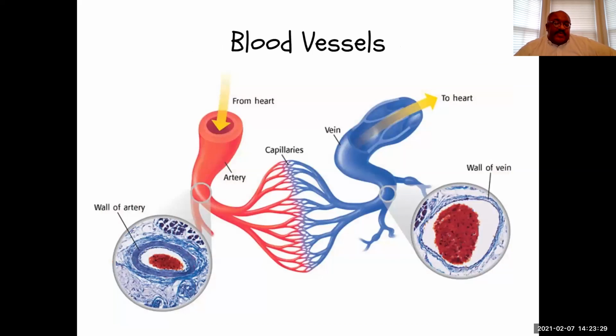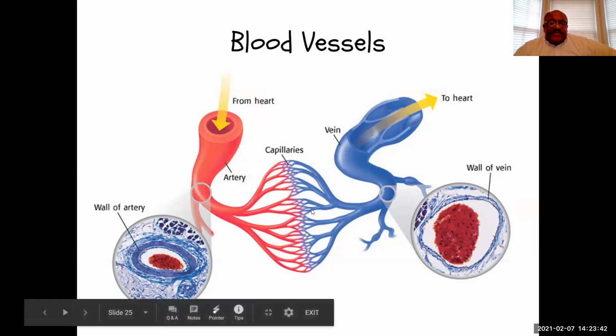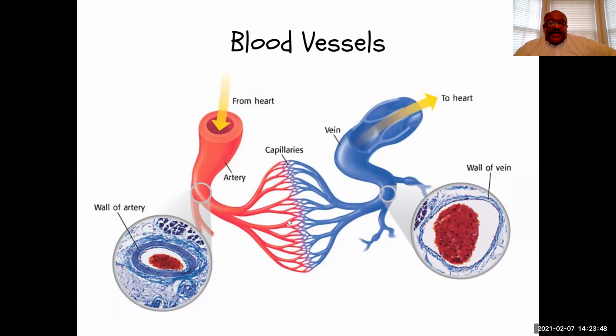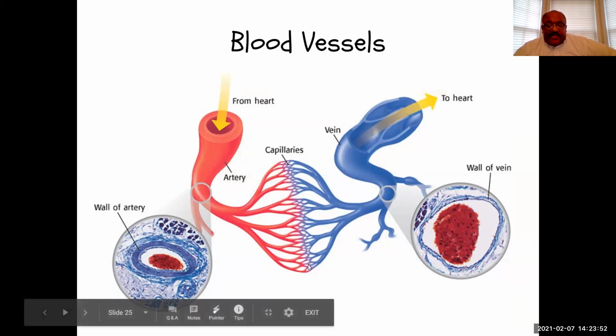Okay, these are the blood vessels. The major players between the interaction between the circulatory system and the respiratory system are really the capillaries and the arteries and the veins, but specifically the gas exchange. And that's why I wanted to go back through this and emphasize this. The gas exchange takes place in the capillaries, and these are microscopic.